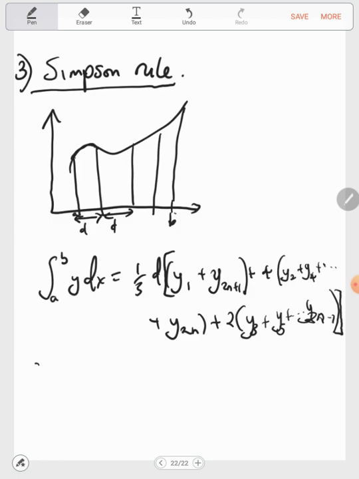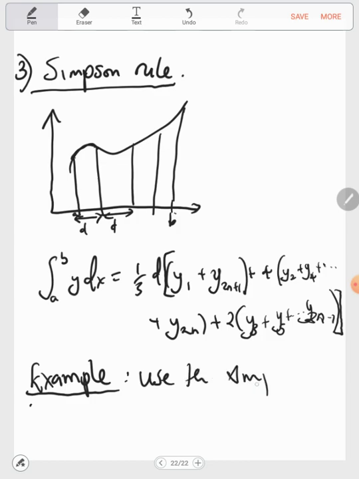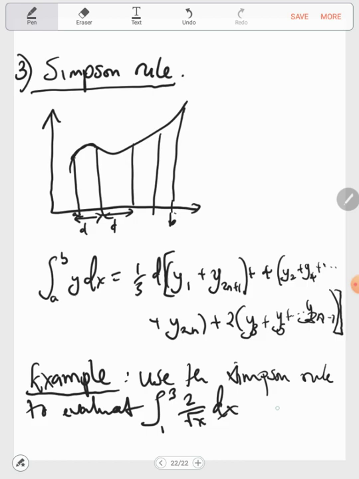So let's have an example. Use the Simpson rule, correct to 3 decimal places.